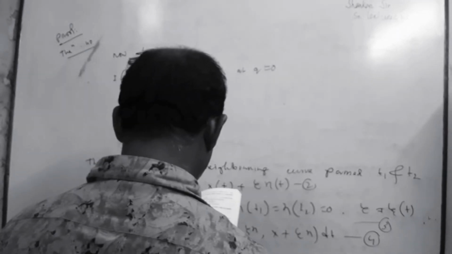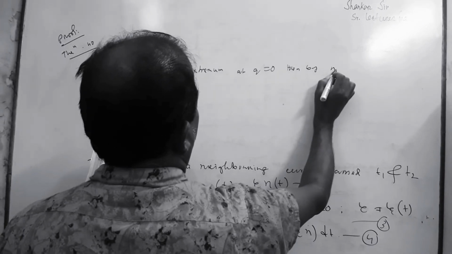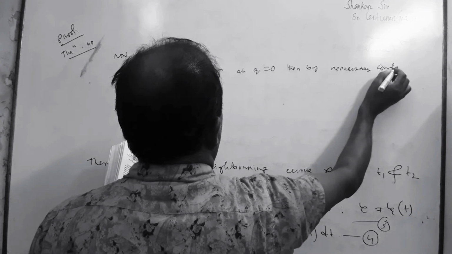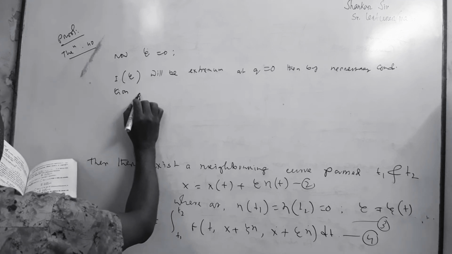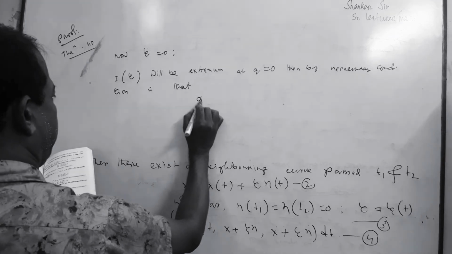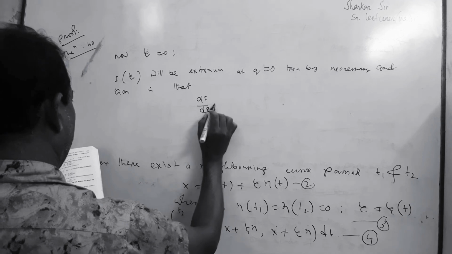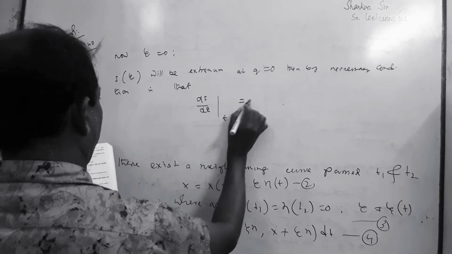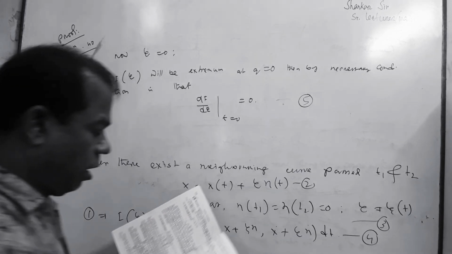The necessary condition is that dI by d epsilon at epsilon goes to 0 equals 0. That is number 5.